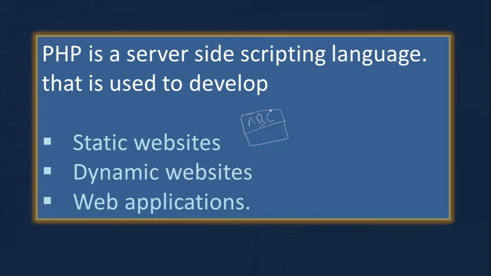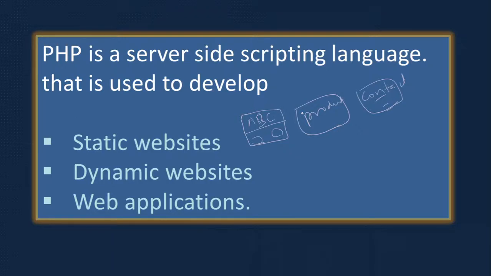Small companies that want to give information about their company can make static websites. There is a main page with some pictures, then the products they offer, and there may be a contact page with the address. Every time you open the website, this will be there.